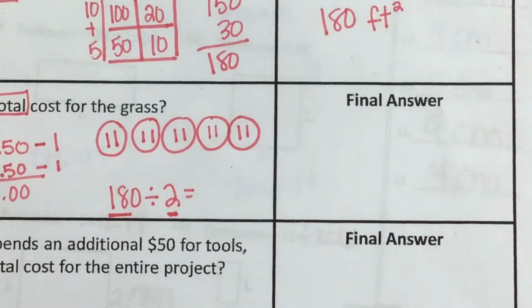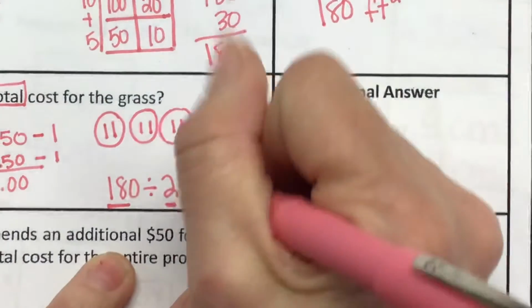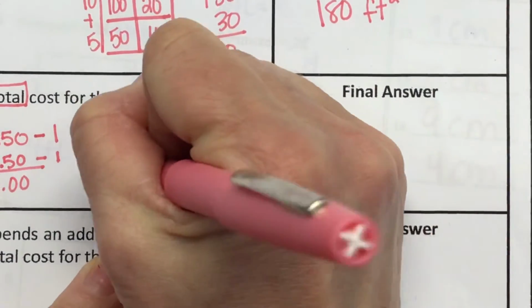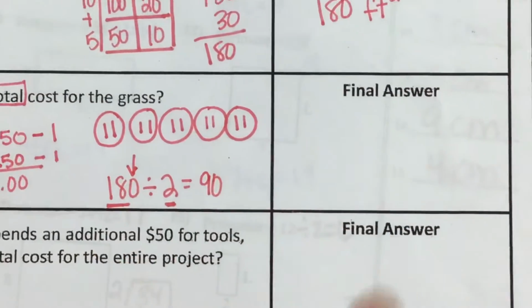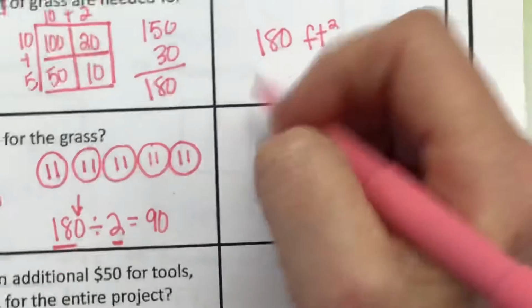If you can't come up with 18 divided by 2, you should be looking at your fact chart or counting it off on your fingers by 2. What's 18 divided by 2? Raider. 9. And then I need to add a 0. So how much will it cost to plant the grass seed? $90.